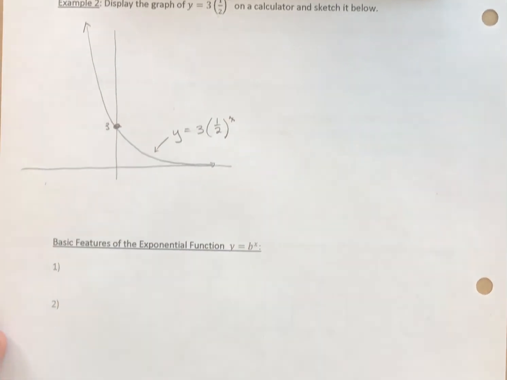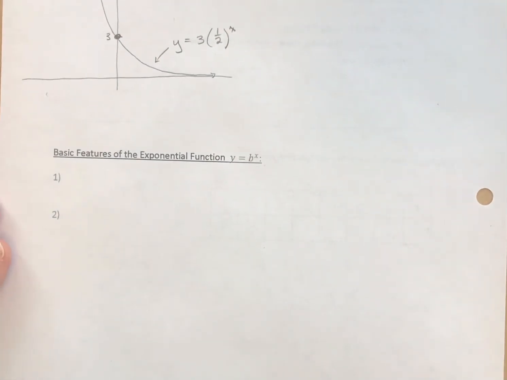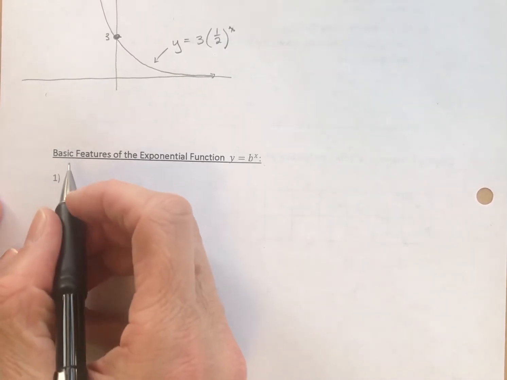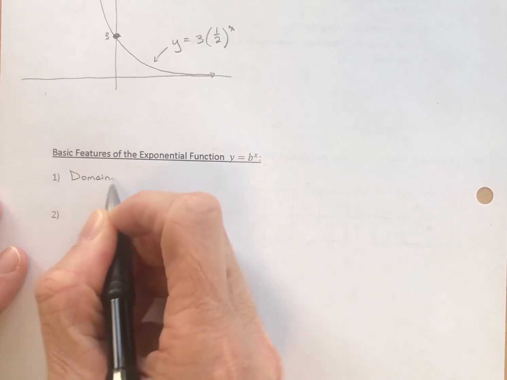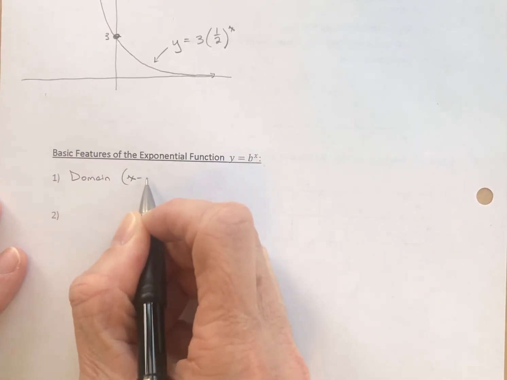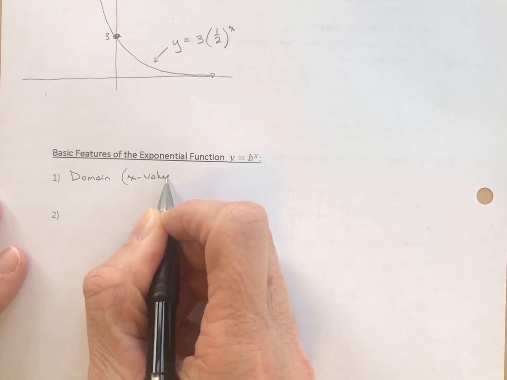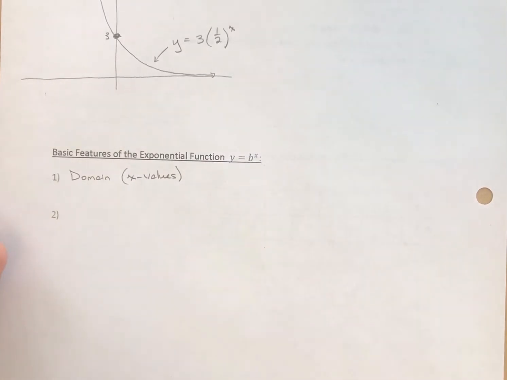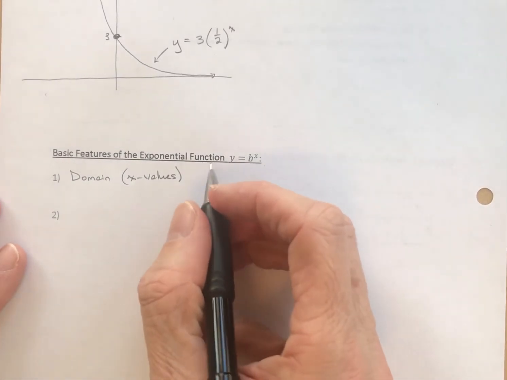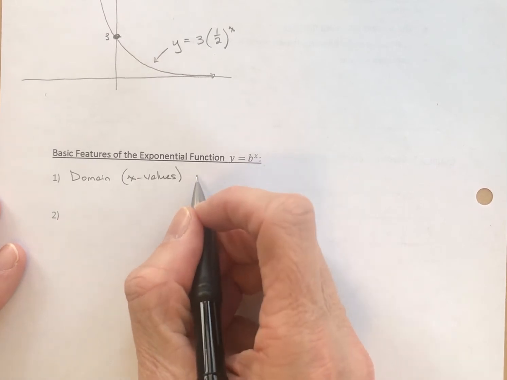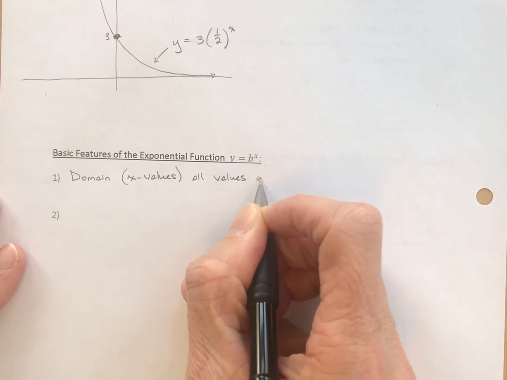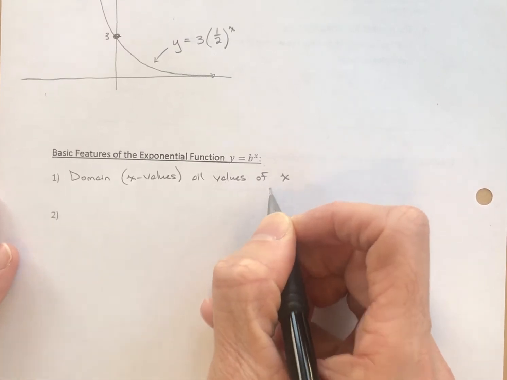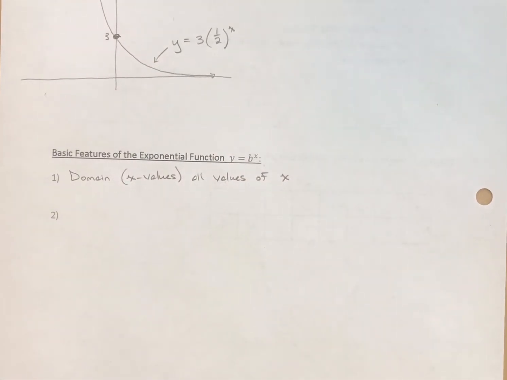Okay, so let's make a note of a couple of things that we see from these examples. Number 1, the domain, which is the x values, the values that we can put into the function. Those are the independent values. So the domain is all values of x. We can put any x in there we want.